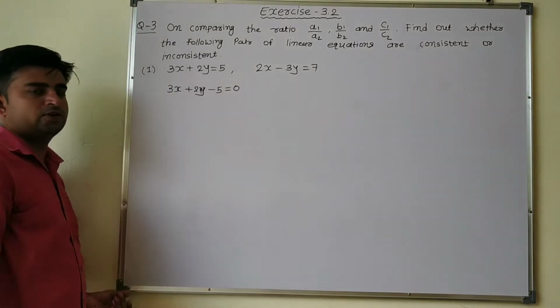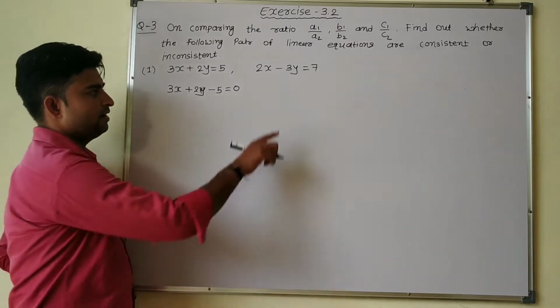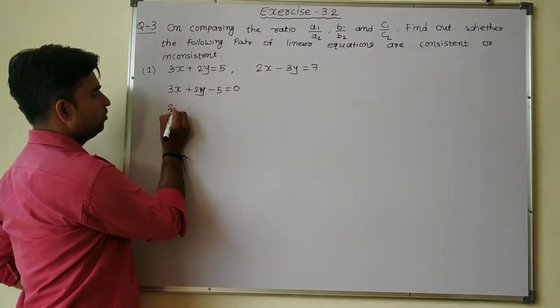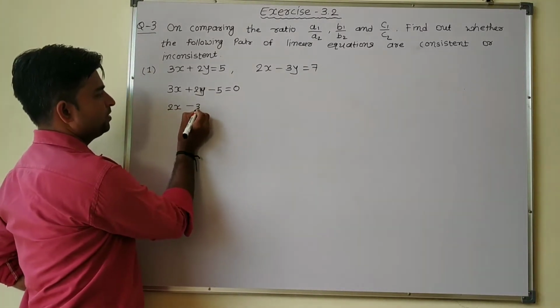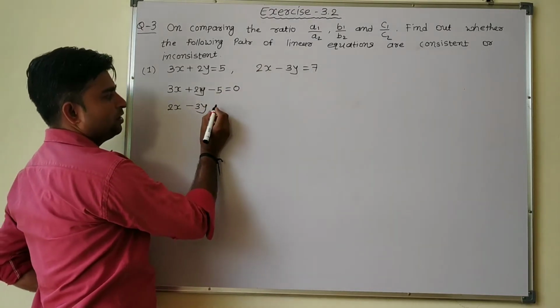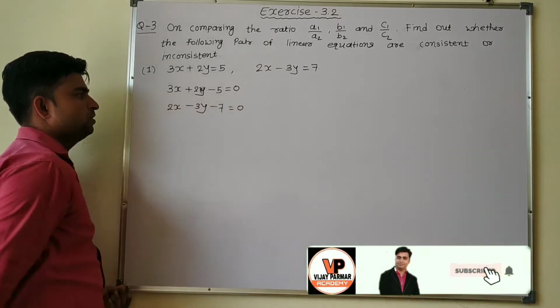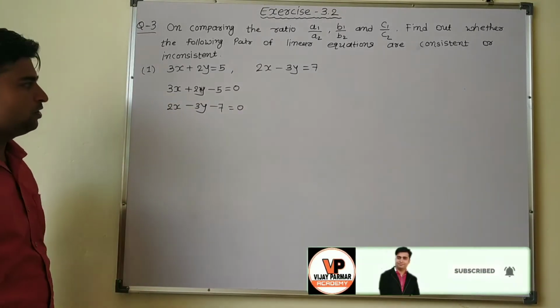So this is the first equation converted into standard form. Similarly the second equation, 2x minus 3y, 7 goes to the left side, so it becomes minus 7 is equal to 0. So this is the standard form of both equations.